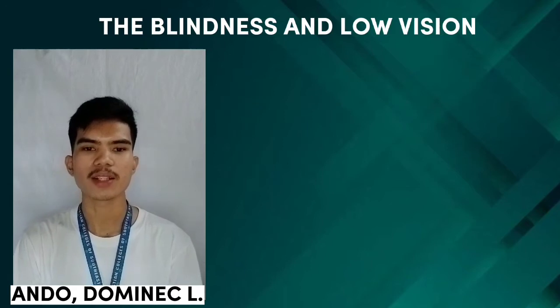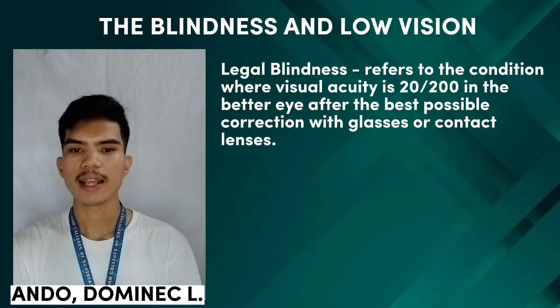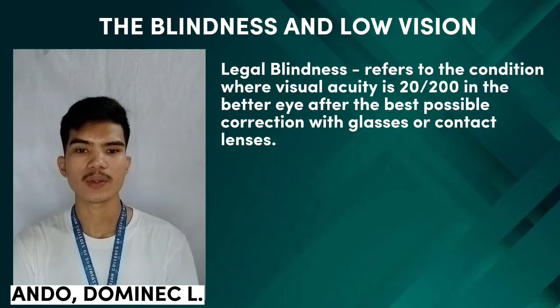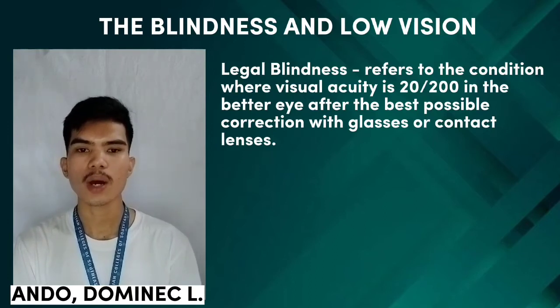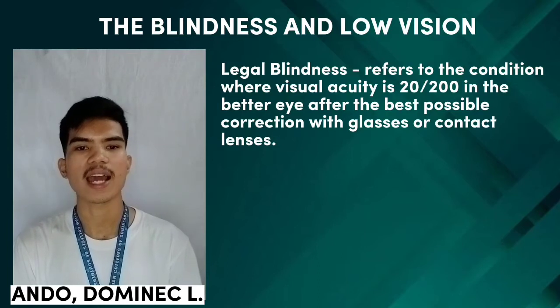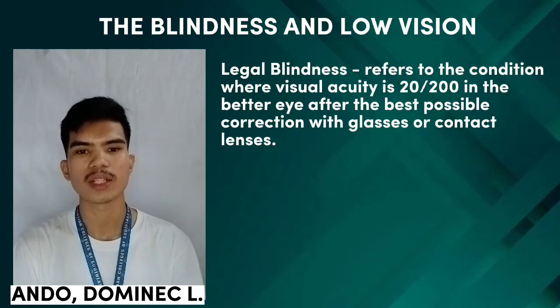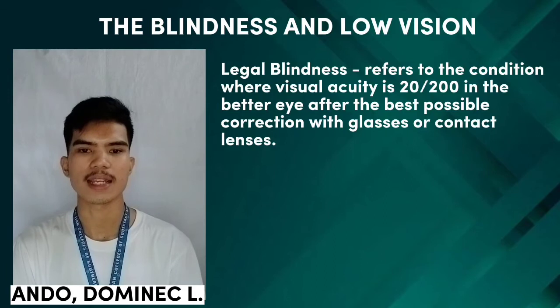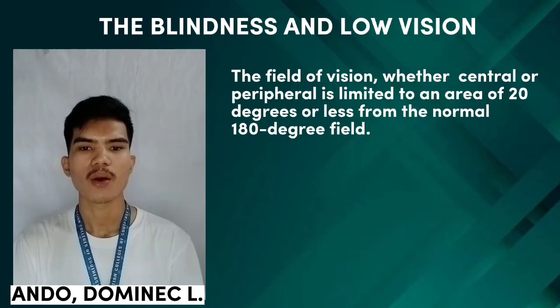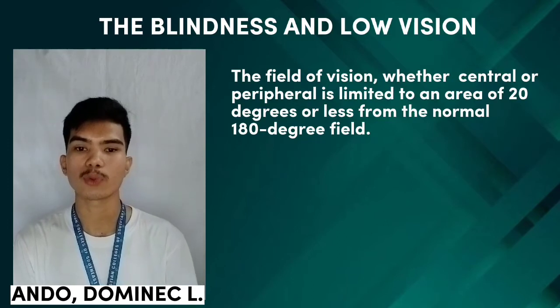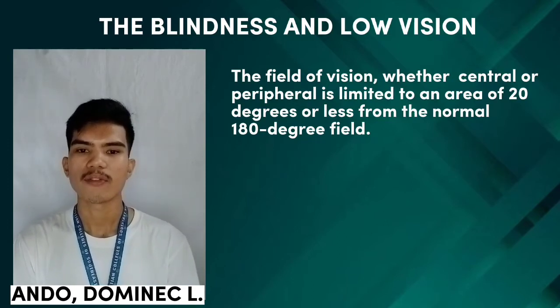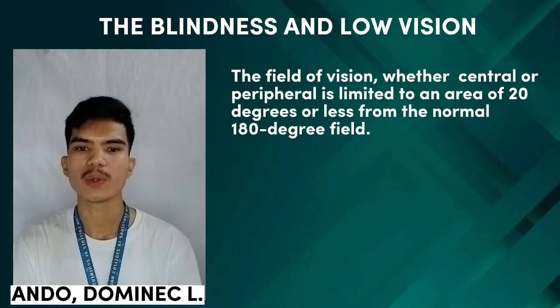And now let's proceed to legal blindness. Legal blindness refers to the condition where visual acuity is 20 over 200 in the better eye after the best possible correction with glasses or contact lenses. The field of vision, whether central or peripheral, is limited to an area of 20 degrees or less from the normal 180-degree field.